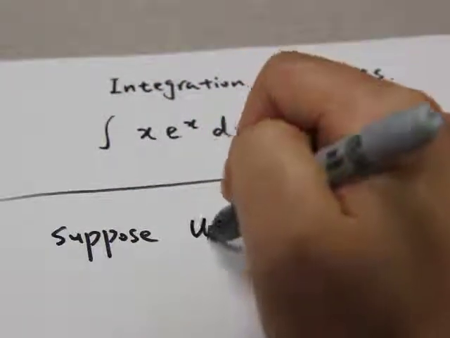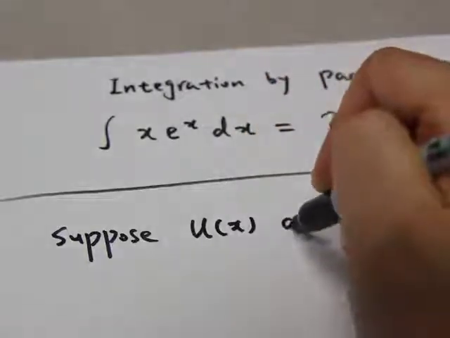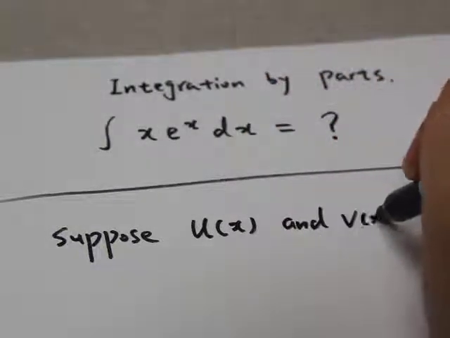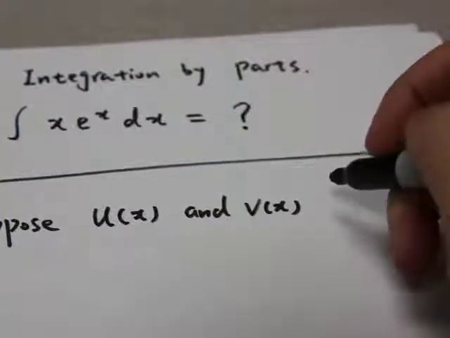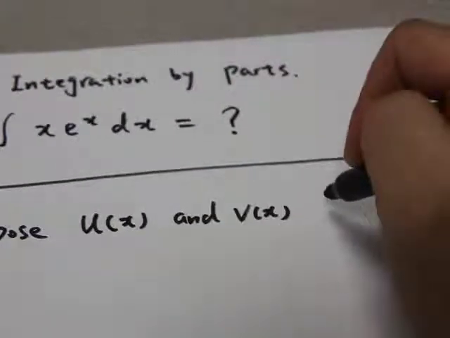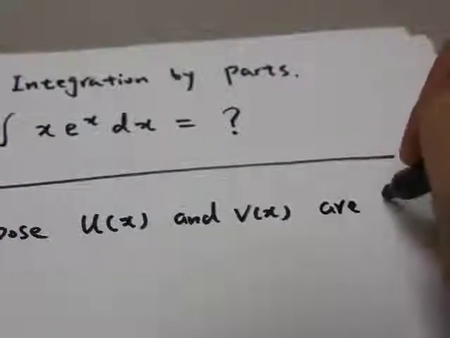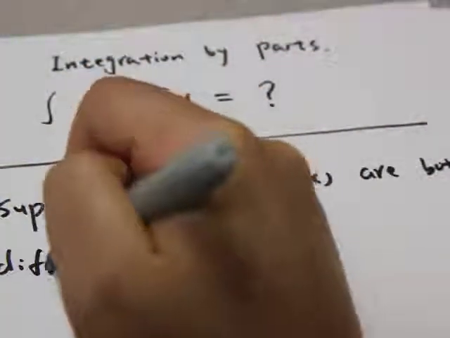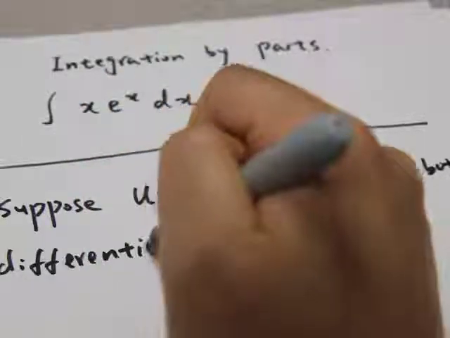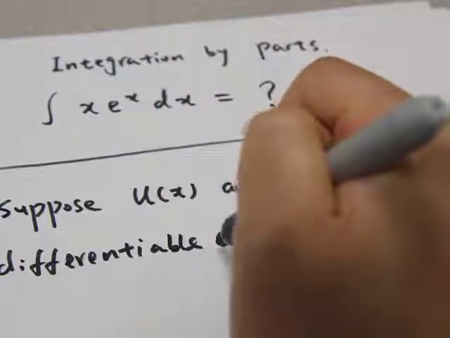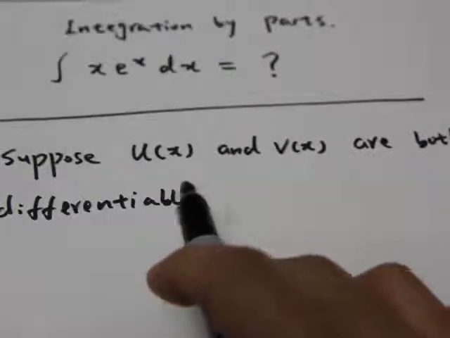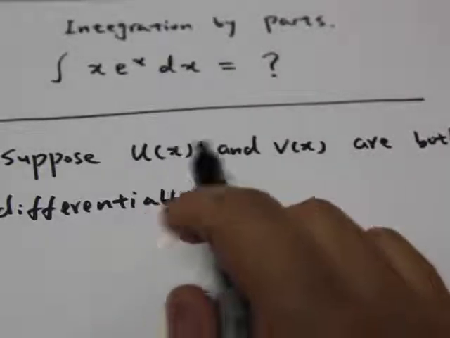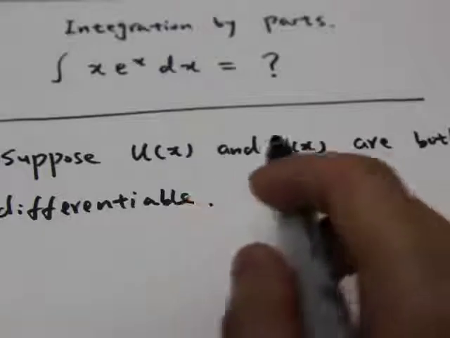Suppose we have two functions u(x) and v(x), and they are both differentiable. Now, differentiable means their derivatives exist.